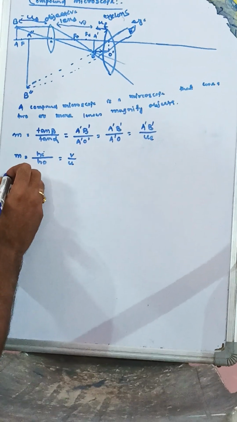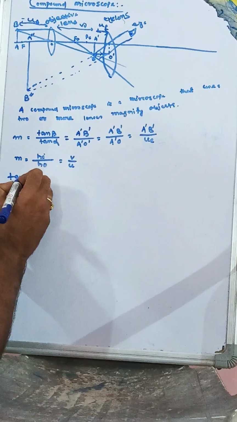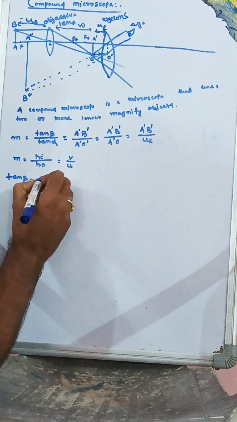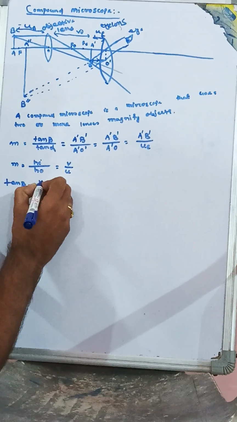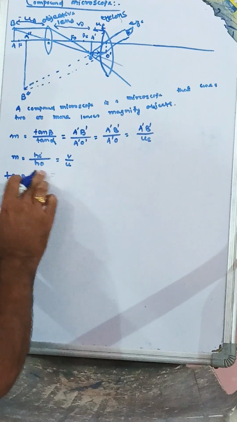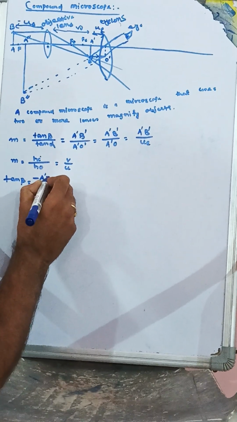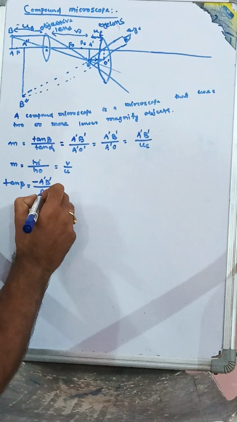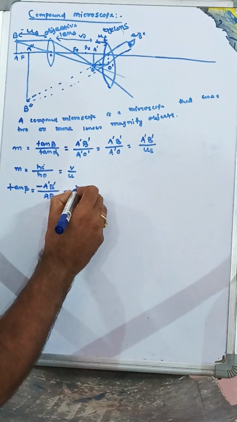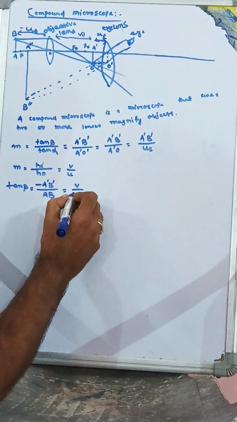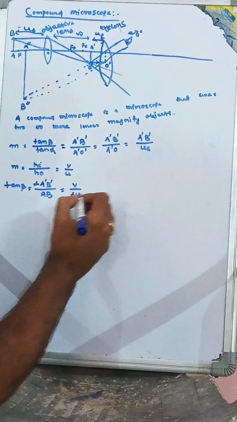Then tan beta is equal to A'B' divided by AB, which is v by minus u. The minus will be cancelled.